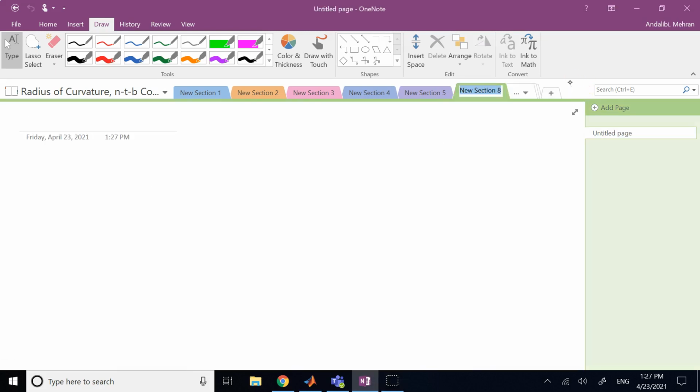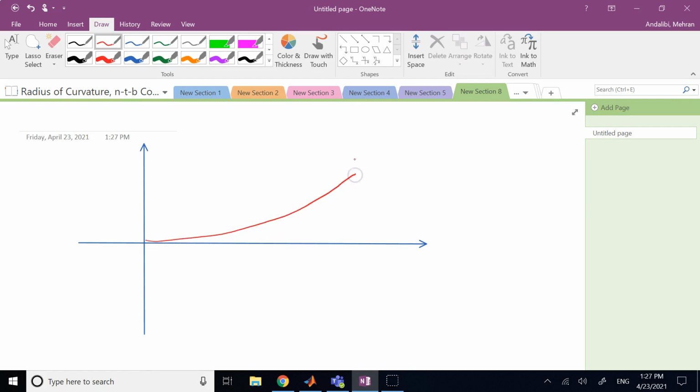For example, if I give you this problem where somebody is moving uphill on a road where the equation of the road is a mild parabola like this.